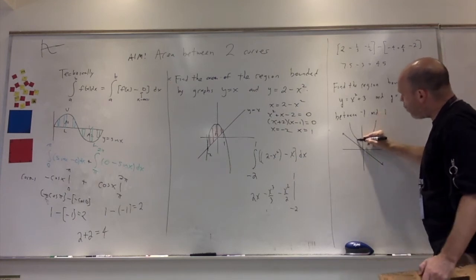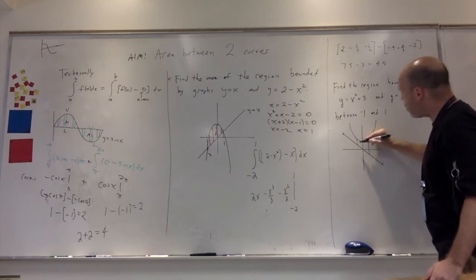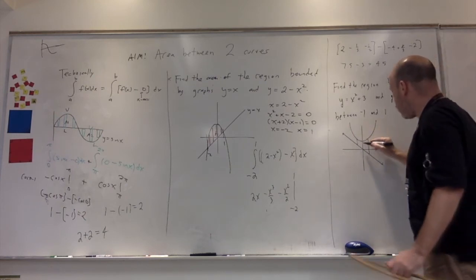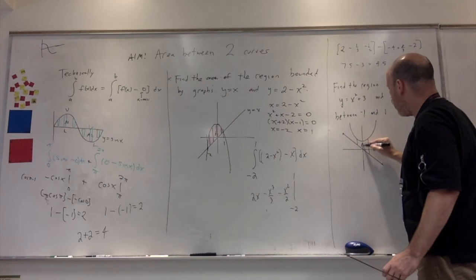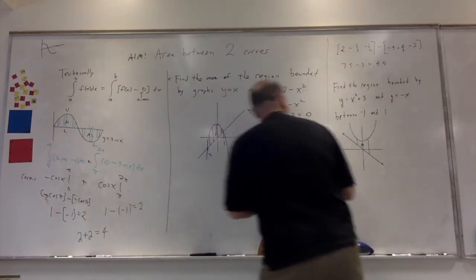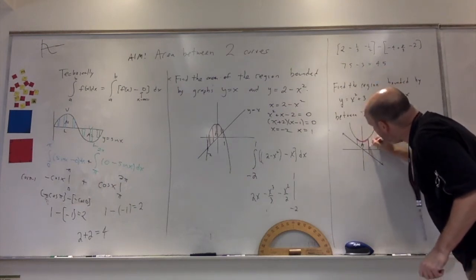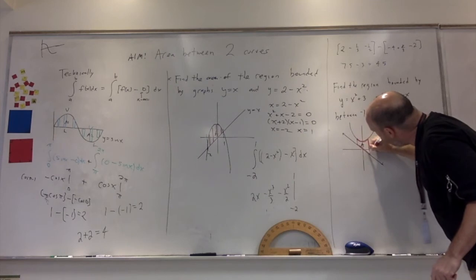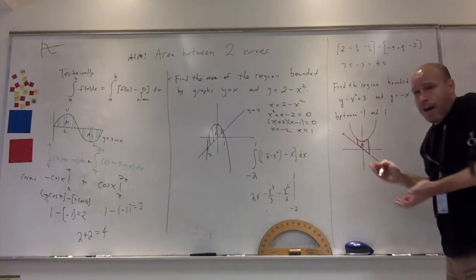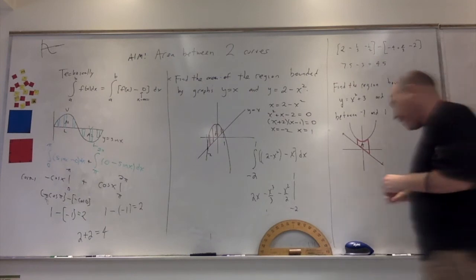So we have the region here and a region here, and what we're interested in is finding the region bounded by the two curves and these lines right here. And so this is how we can find the area of these weird shapes. The question is, how do we find the area?